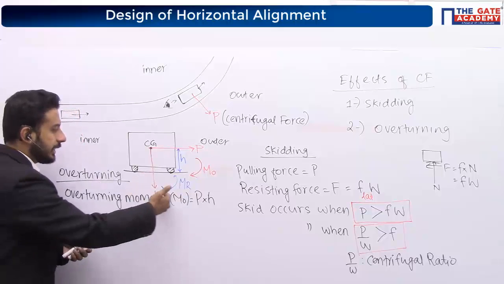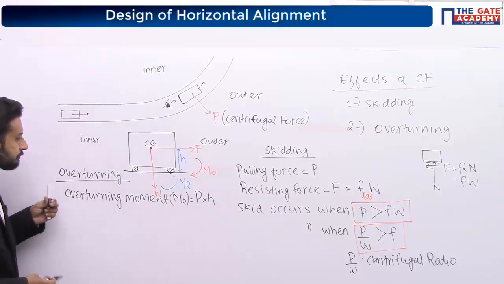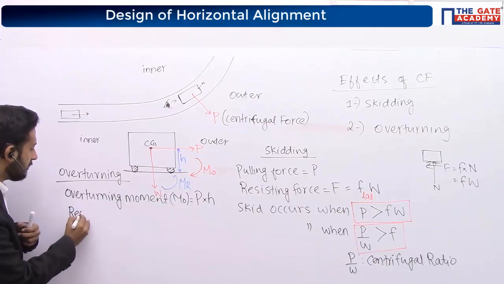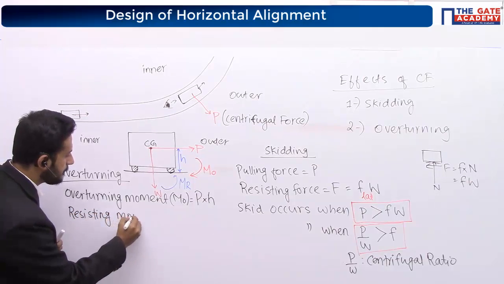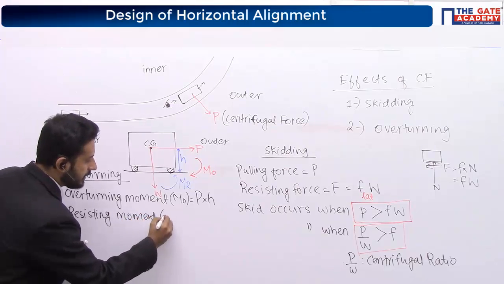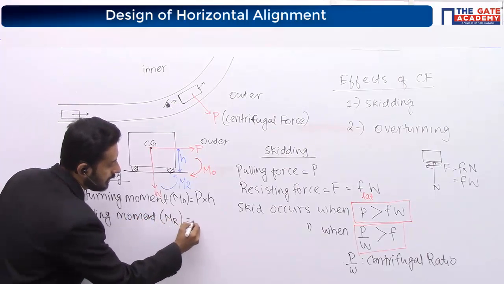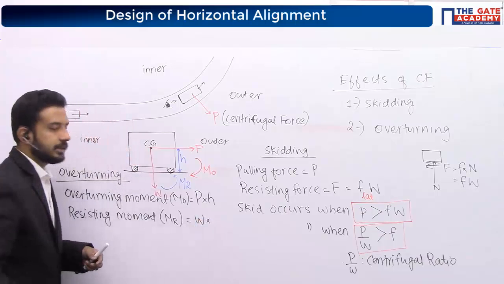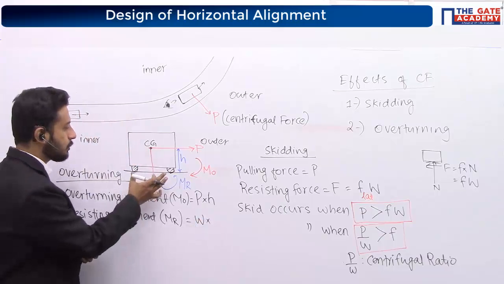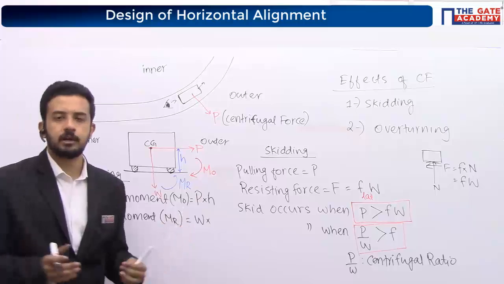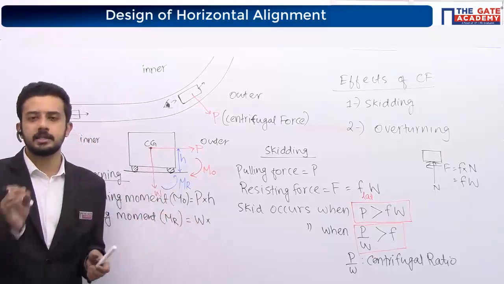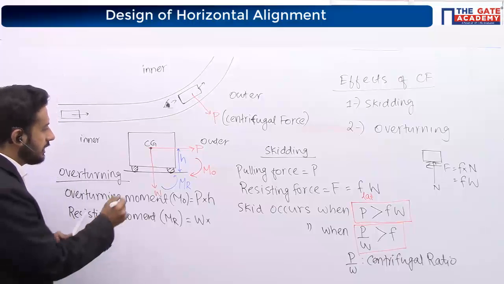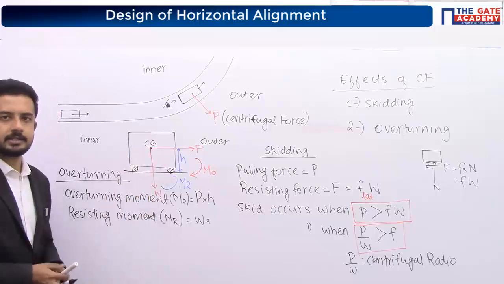So what will that resisting moment be? Resisting moment, I am writing MR, will be equal to W into the distance. What will this distance be? If the width of the vehicle is B, or the distance between two tires is small b, the weight will be acting exactly at the center, right?